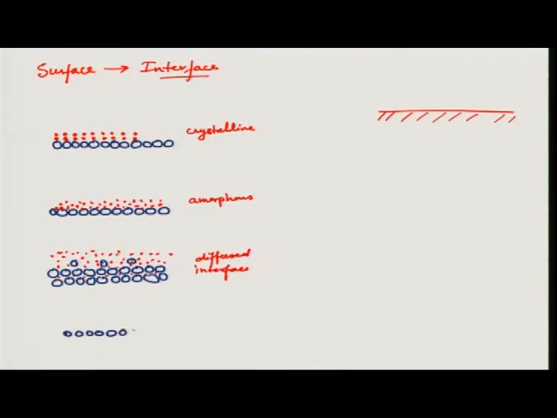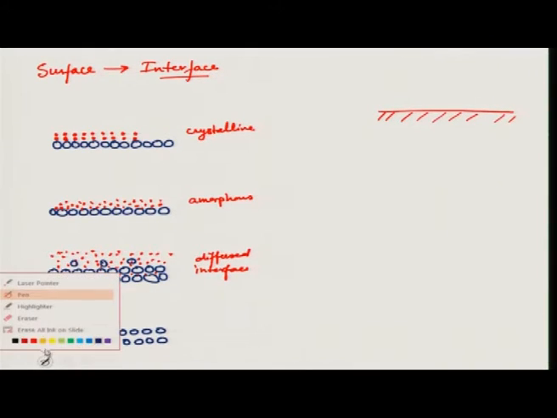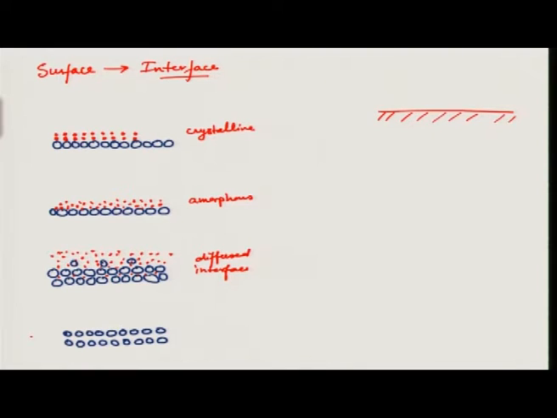They can also form a compound. Okay. So, what could happen? This material may react and form a different compound. Okay. These gases which may form a monolayer may then diffuse into this and form a different compound, a new compound.